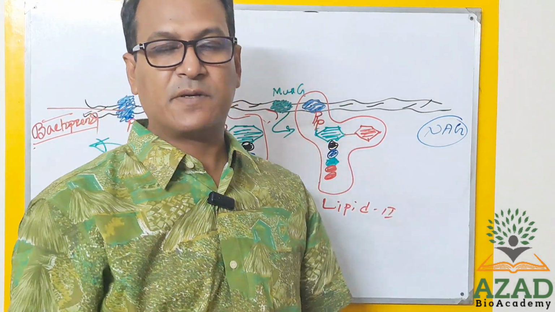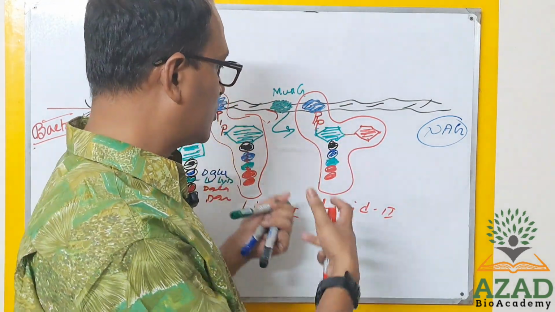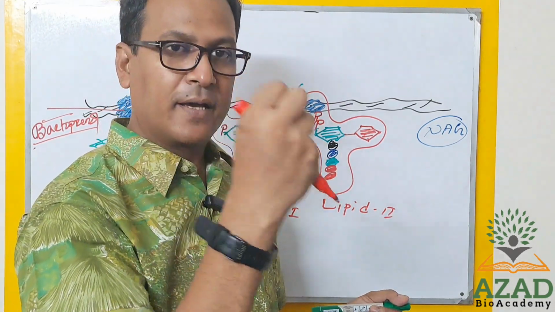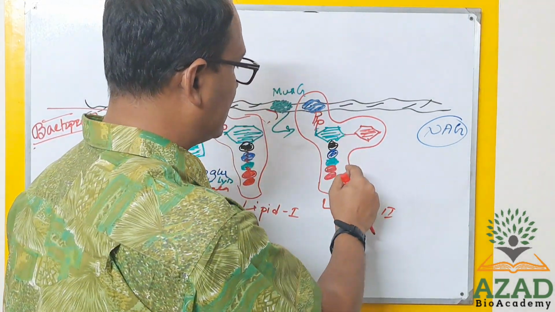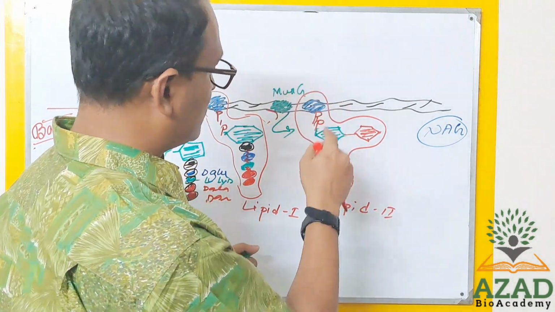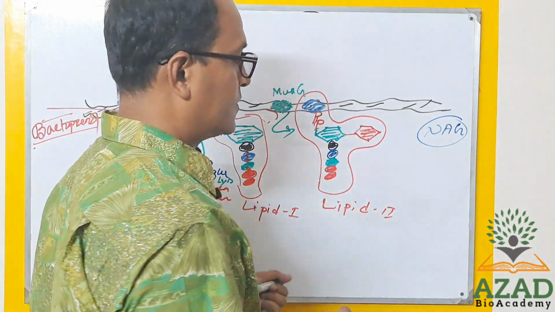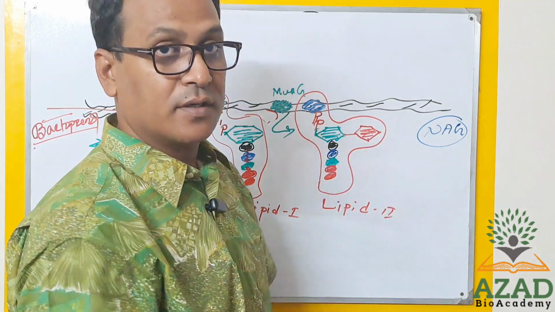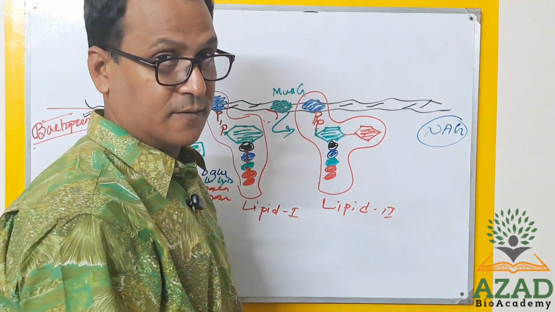But some species of bacteria also carry pentaglycine. That means an additional five glycines are attached to the third amino acid, that is L-lysine.